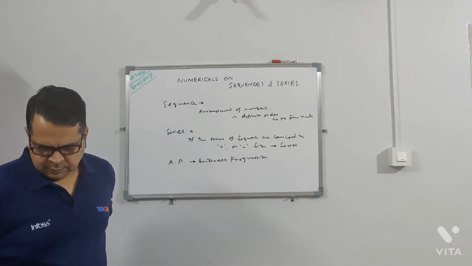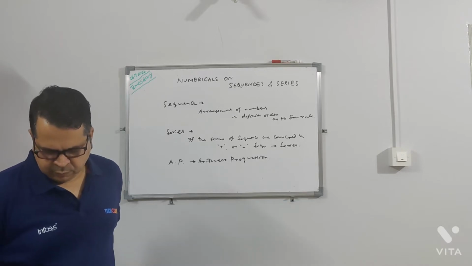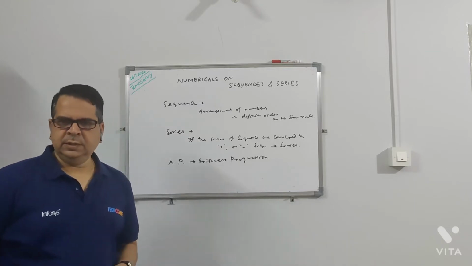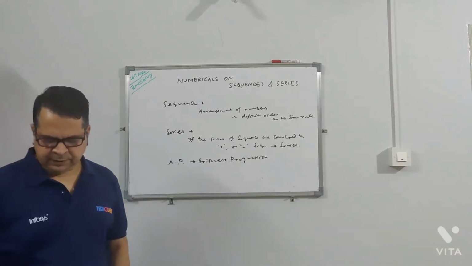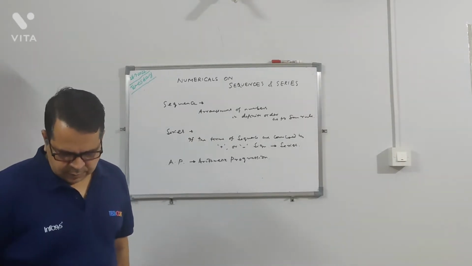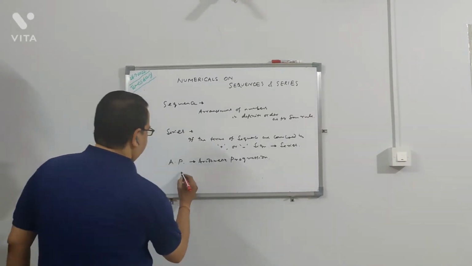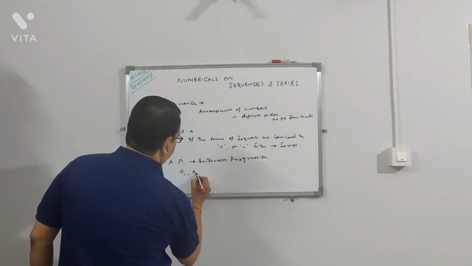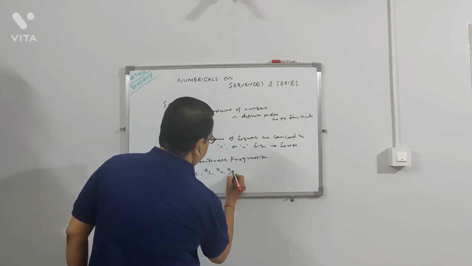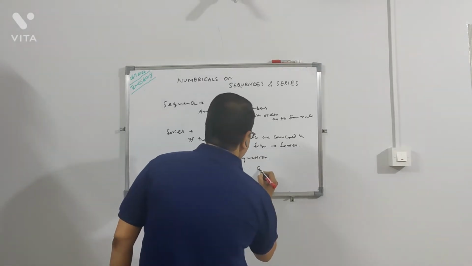So in arithmetic progression, the terms increase or decrease by a fixed number. Let us say you have A1, A2, A3, A4, A5, and like that you have An, the nth term.